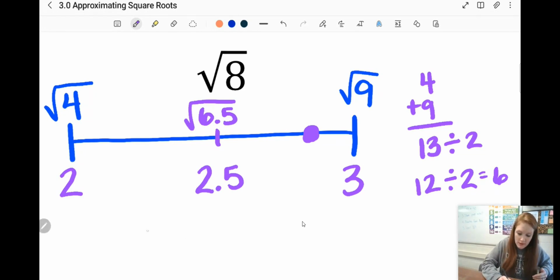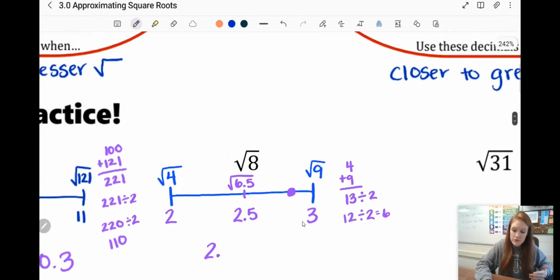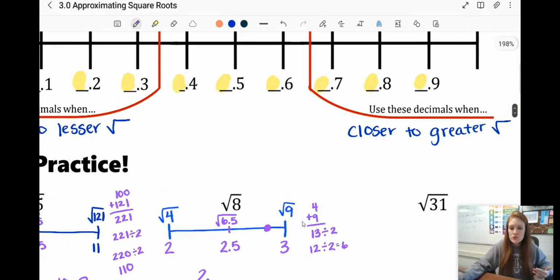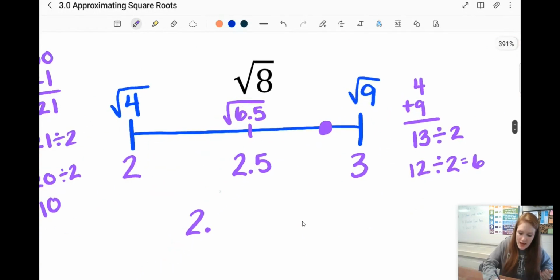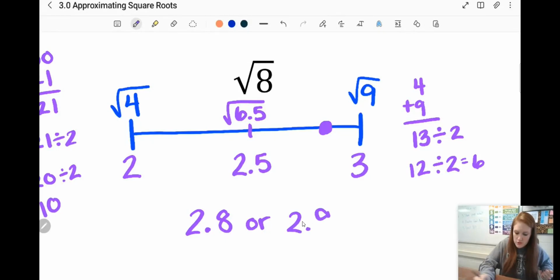So our decimal has to be 2 point something. And if we look at that roller coaster being closer to the greater, we would end up with maybe 0.8 or 0.9 as reasonable estimates. 2.8 or 2.9. Okay?